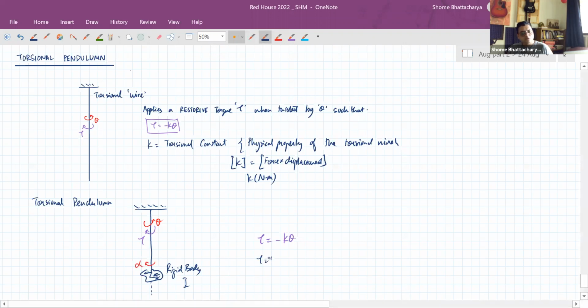So torque is equal to I alpha. So alpha, which is d2 theta by dt square, will become minus k by I times theta.